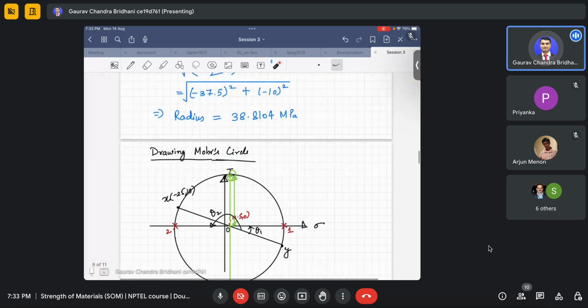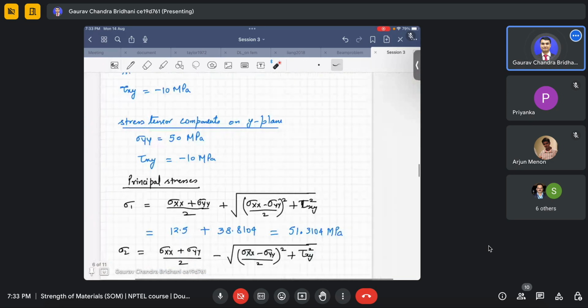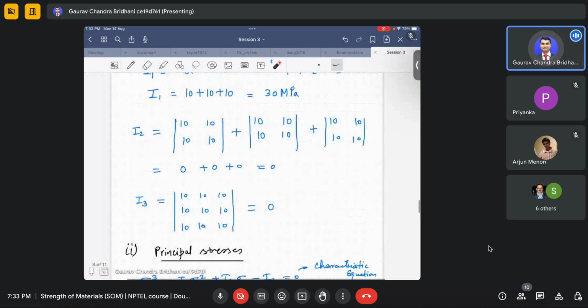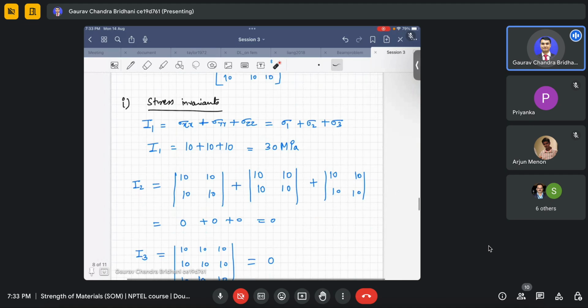There are many ways we can see that. First, I1 is non-zero, and I2 and I3 are 0. As you remember from the lecture, the professor said that when I2 is 0, obviously I3 will be 0 in most cases. So I2 and I3 remain 0, and only I1 is non-zero.